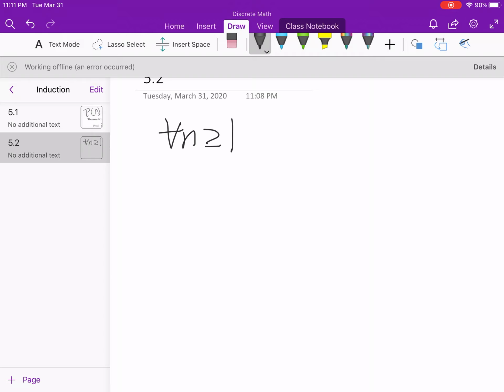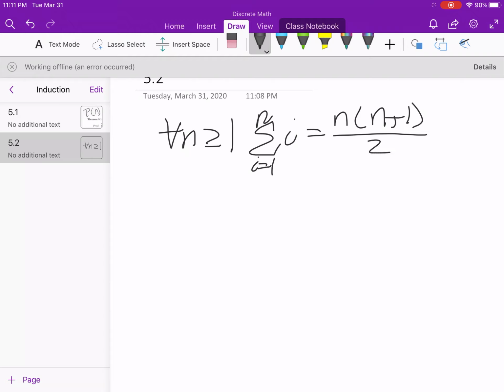I could say something like the sum from i equals 1 to n of i is just equal to n times n plus 1 over 2. And if you've ever taken a math class, probably pre-calculus or calculus, I'm sure at some point you've come across this formula. It's the sum of natural numbers.